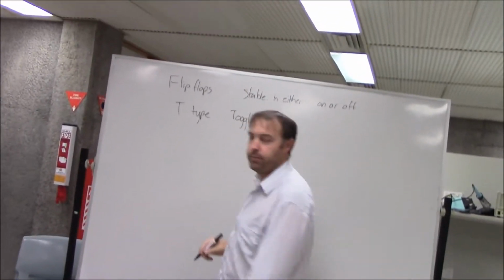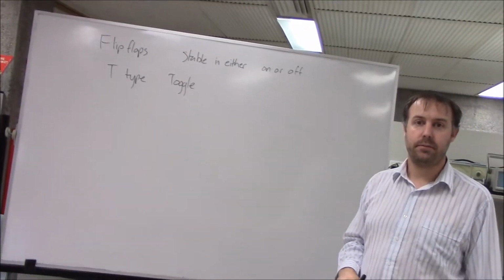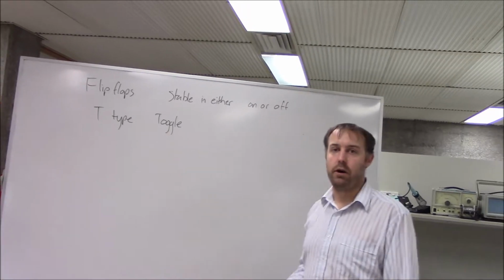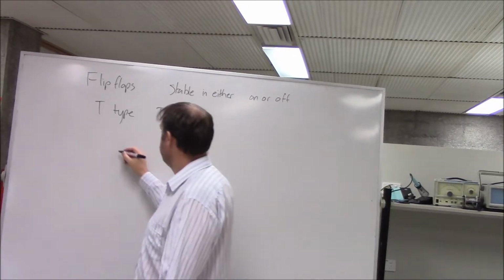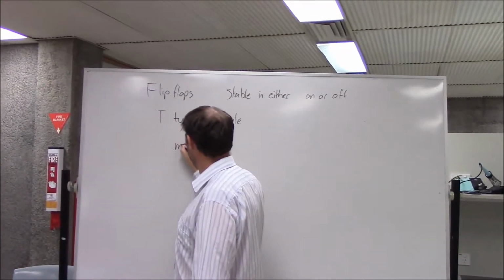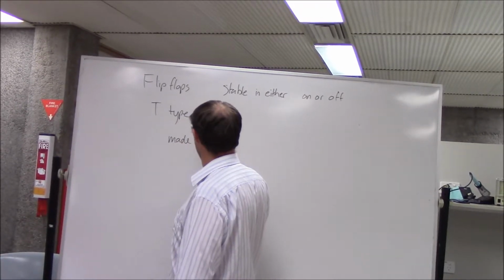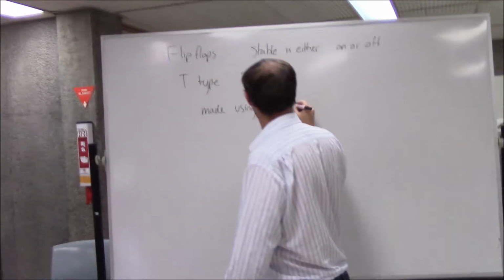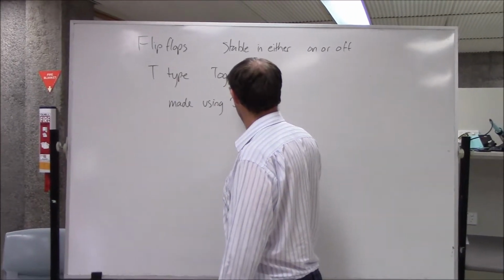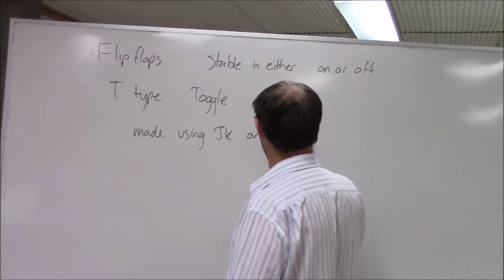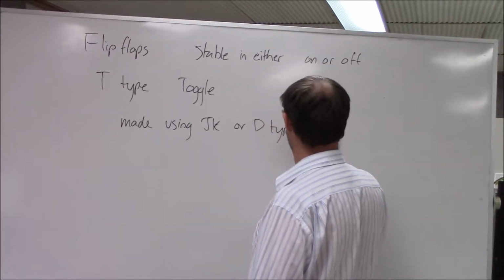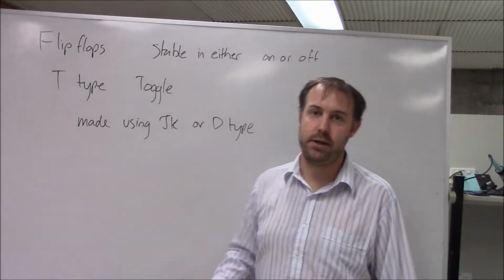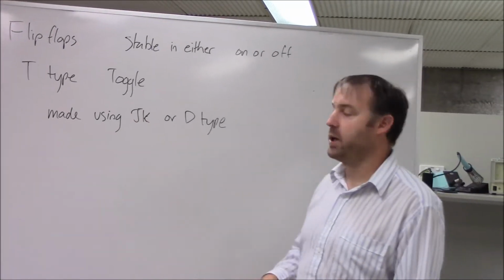Because it's a mode, it's not actually a type thing, is it? That's right. So it's created by wiring a JK, made using JKs or D type. Okay, so with the JK, all I need to do is set both J and K to high, and it will become a toggle type.